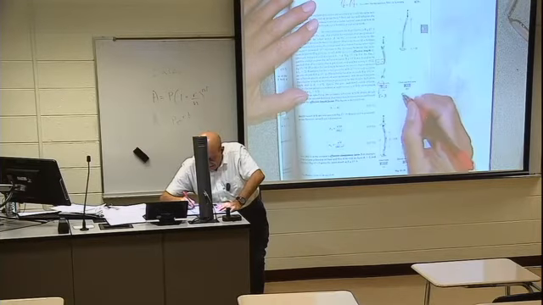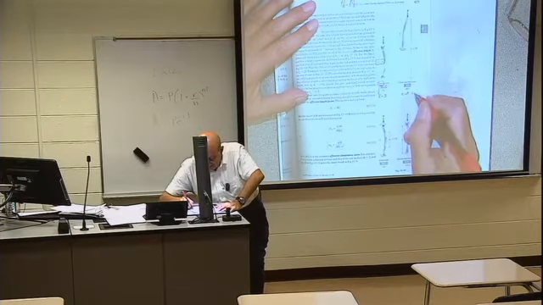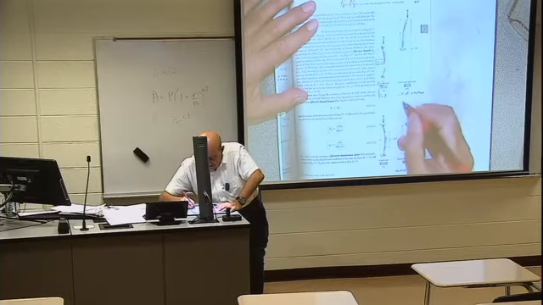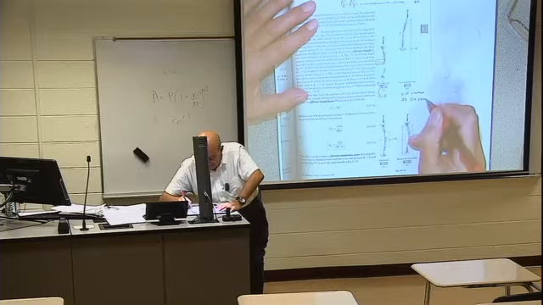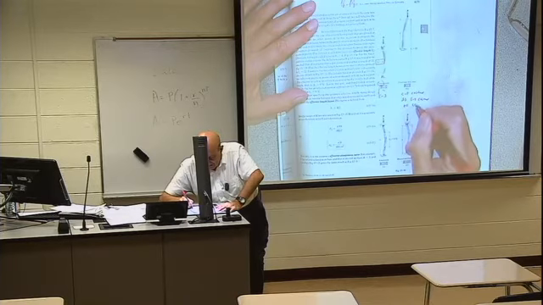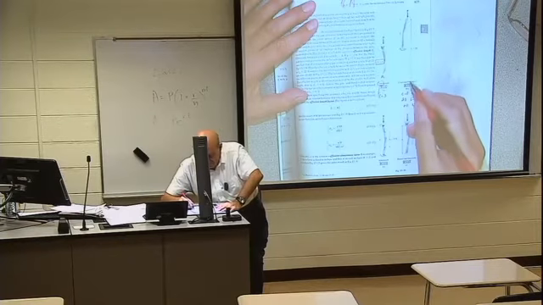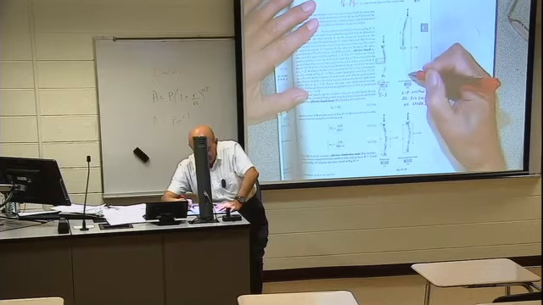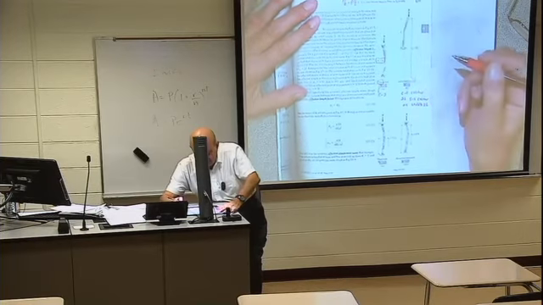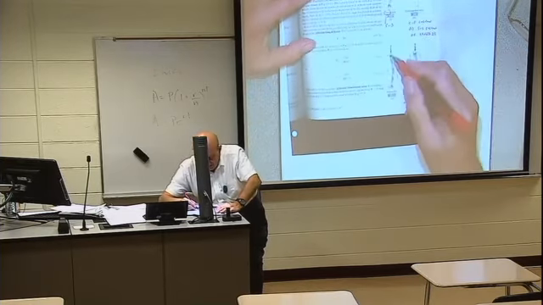So clamped free column as simply supported column of length 2L, which is the effective length. Then that formula is like simply supported.